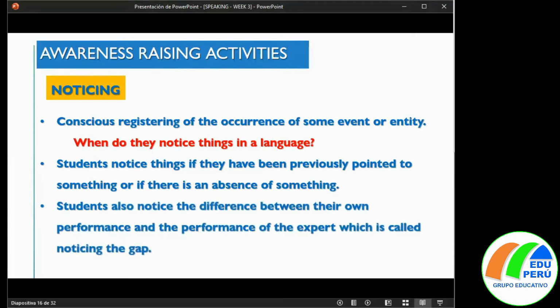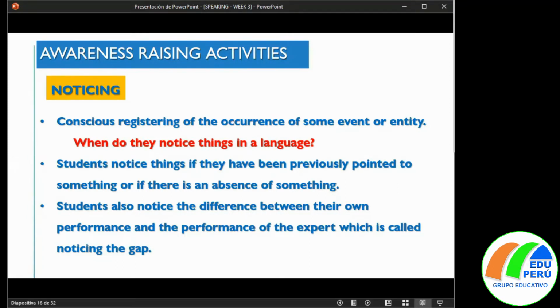There is another one. Students also notice the difference between their own performance and the performance of the expert, which is called noticing the gap. They notice the difference. Oh, my classmate or the teacher speaks more fluently than me.